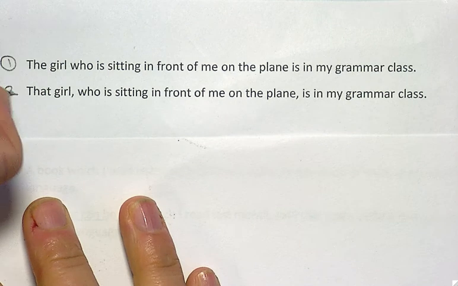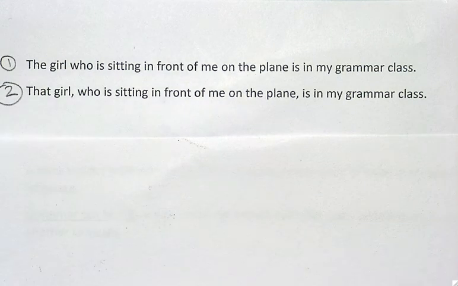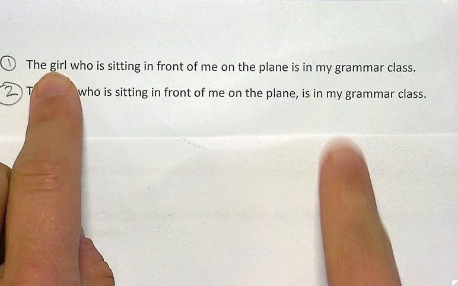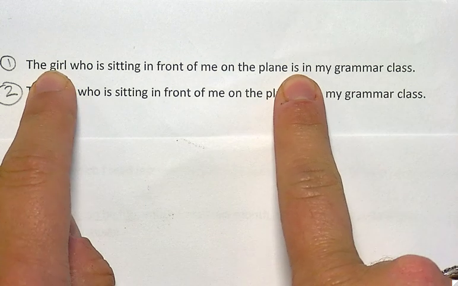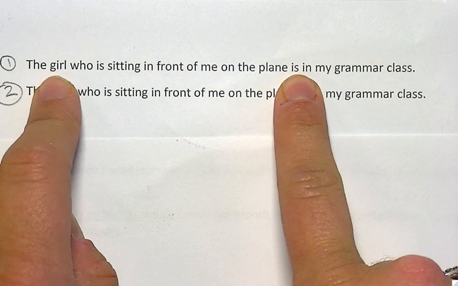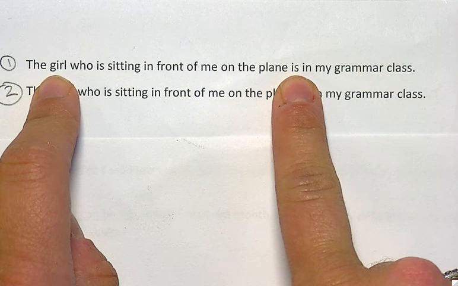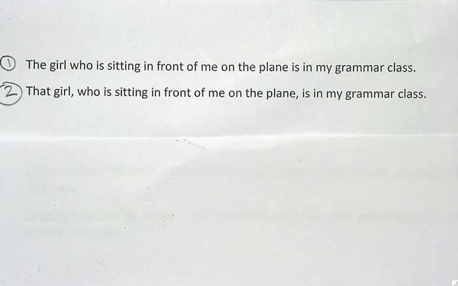In the first one, if we look at number one and number two, where is our main clause? Where is the subject of our main clause? Where is the verb of our main clause? We know that we have the girl is in my grammar class. This is the subject, this is the verb. Who is in my grammar class? The girl.